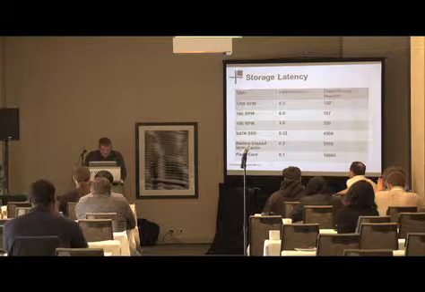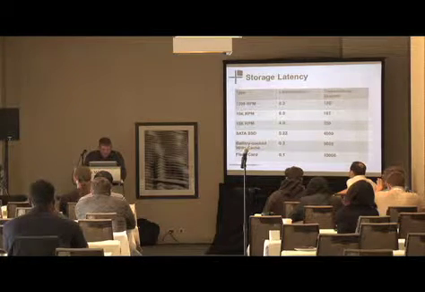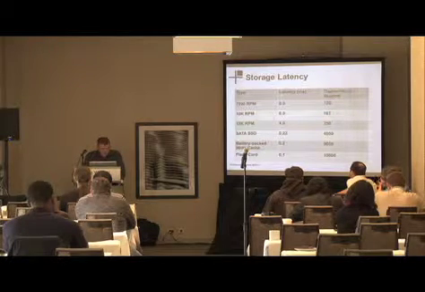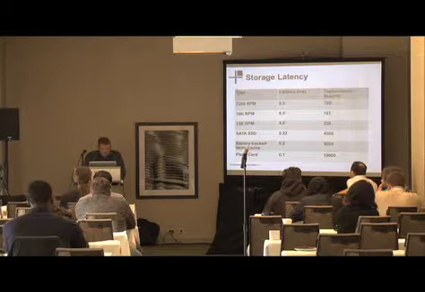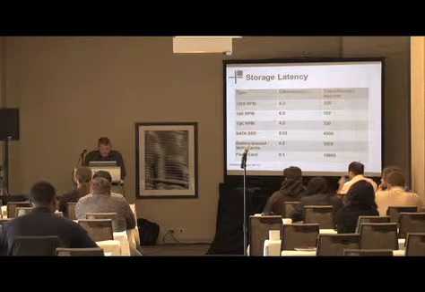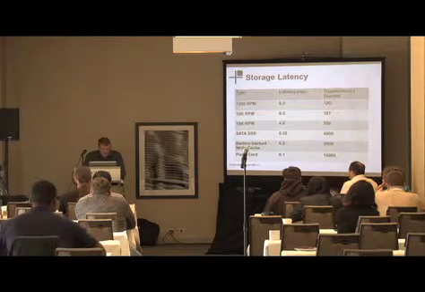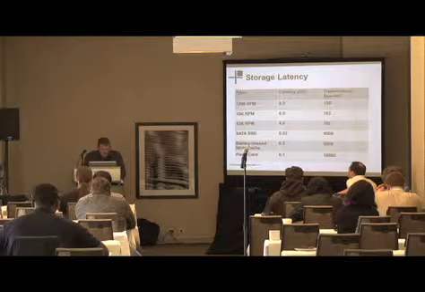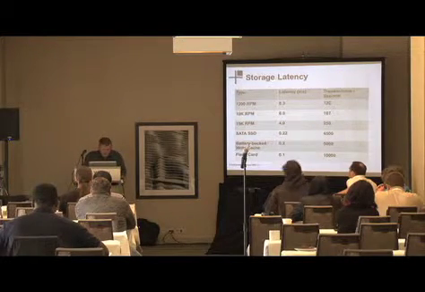As we can see, with very low latency devices, such as flashcards or battery-backed write caches, it's possible to see a massive increase in throughput, as compared to a higher latency device.